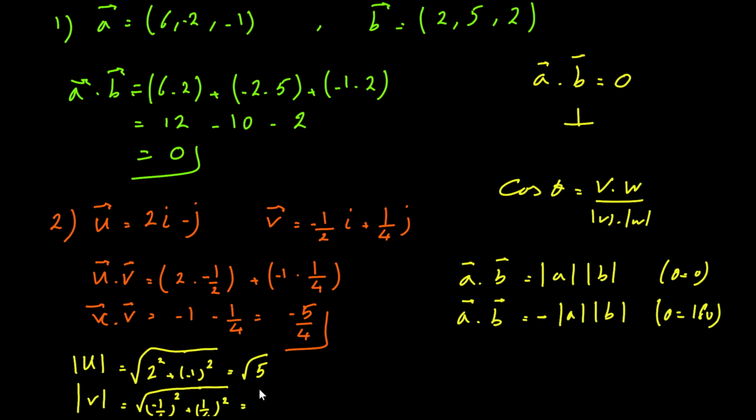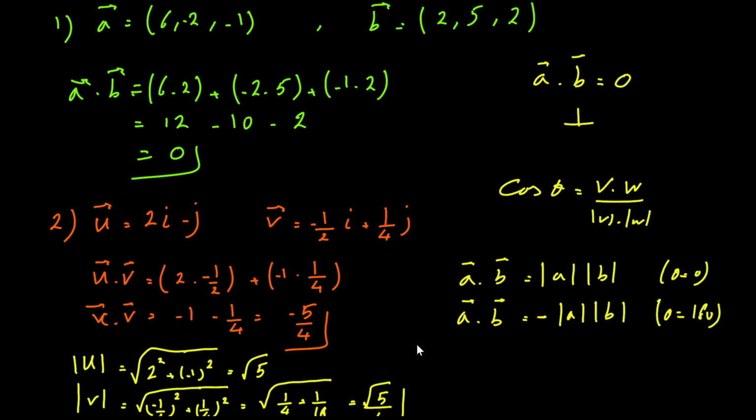That is going to give me 1 over 4 plus 1 over 16, and the result is root 5 over 4. The 16 comes out, becomes 4, and then we have 5 in the numerator.